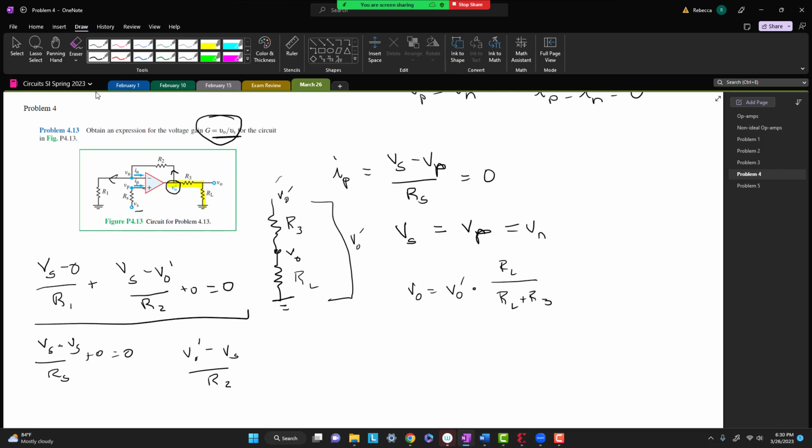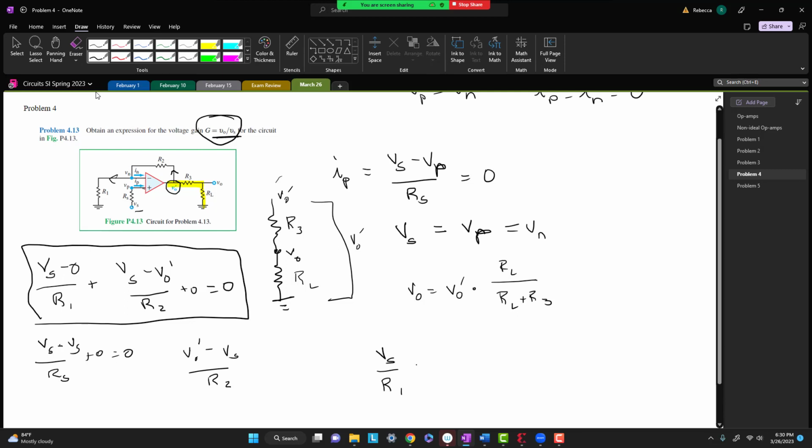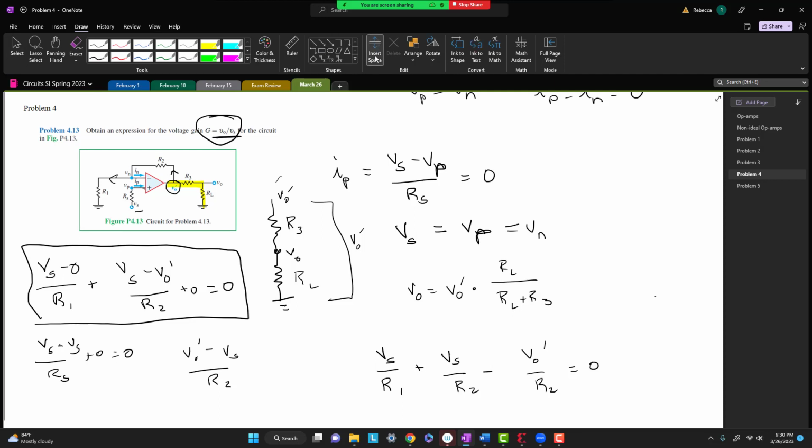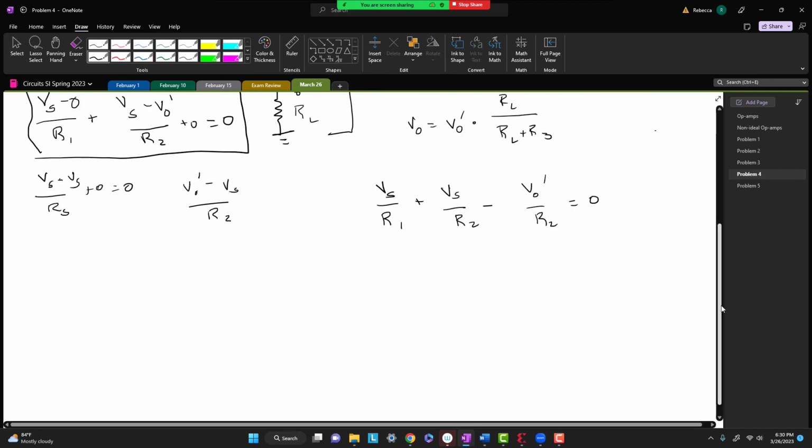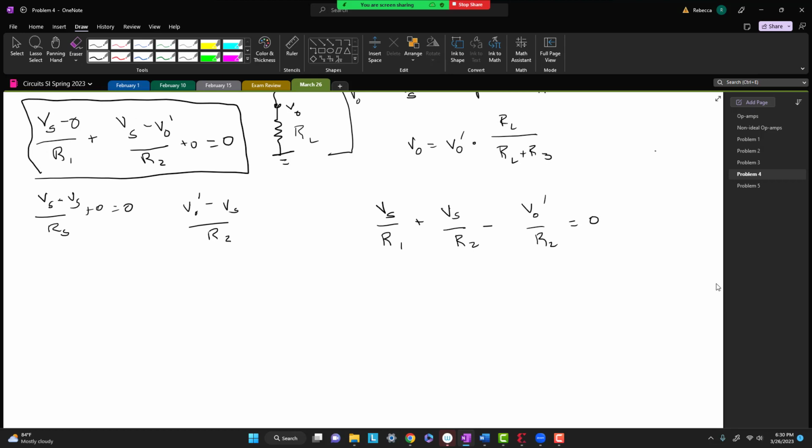So I'll take this equation right here. So I have VS over R1 plus, now I'll just break this up into two pieces, VS over R2 minus VO prime over R2 equals 0. And now I can solve for VO prime right here.